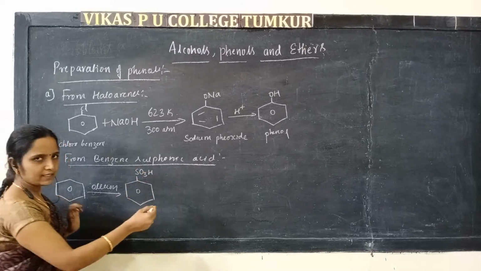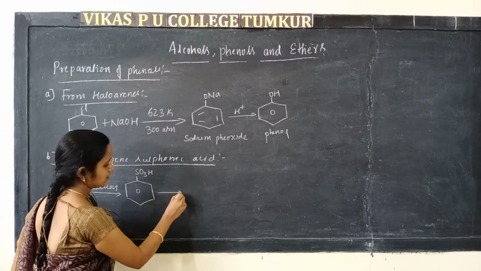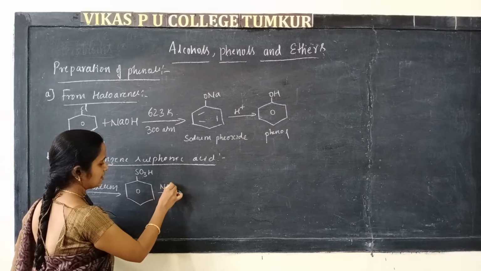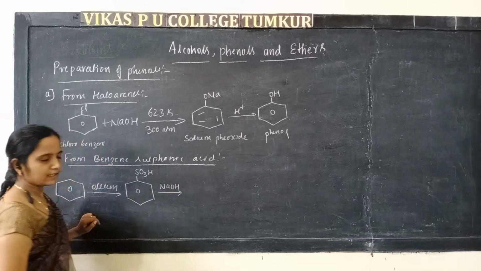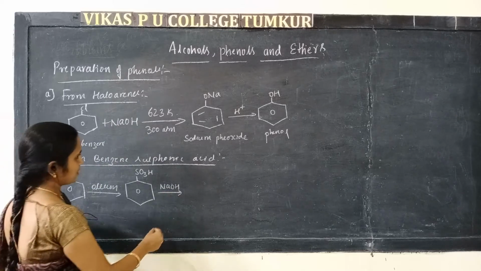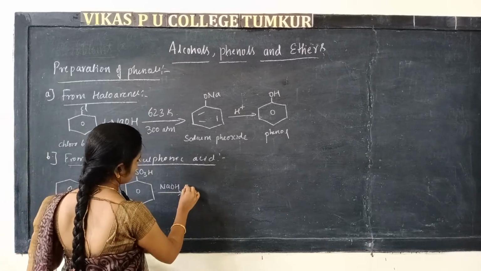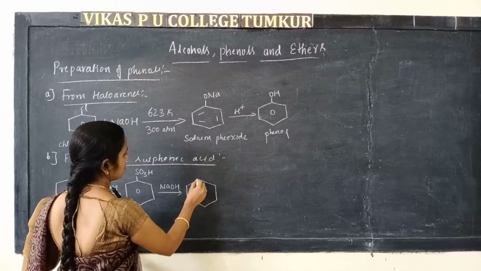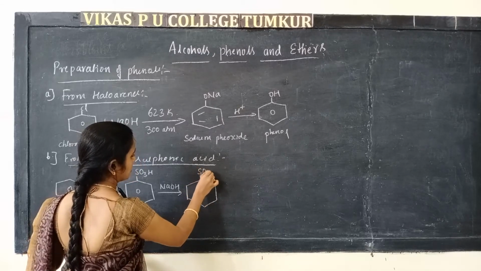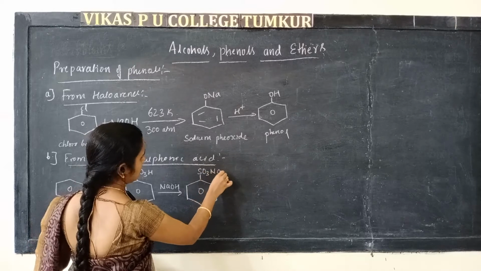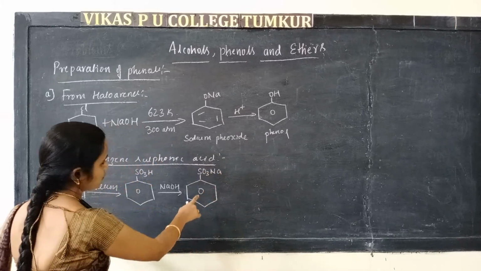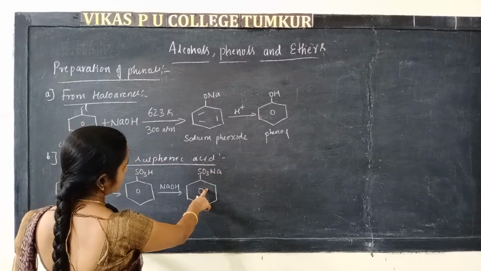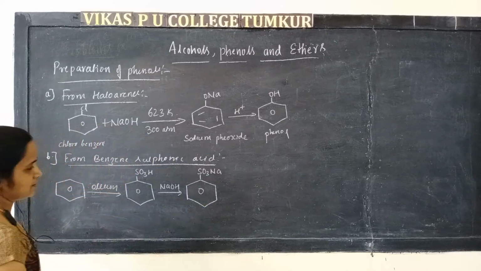This, on treating with NaOH, gives SO3Na. The name of this compound is sodium benzene sulfonate.